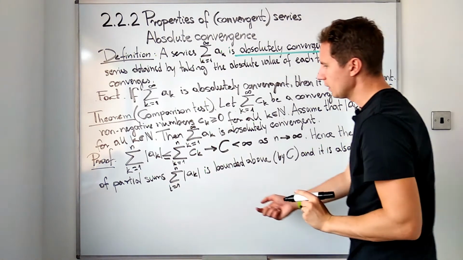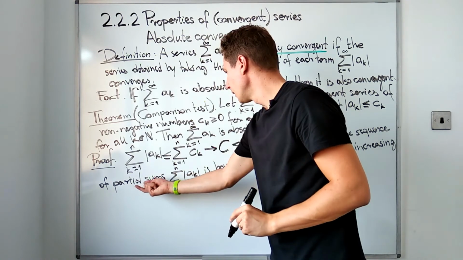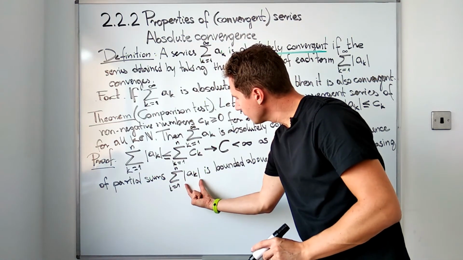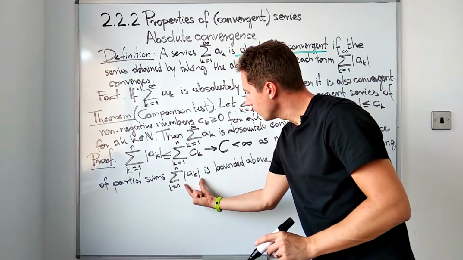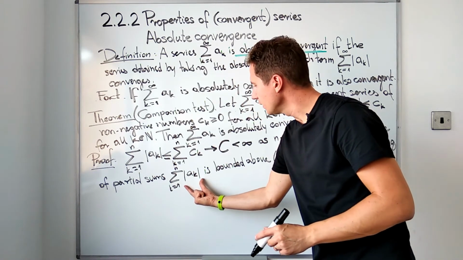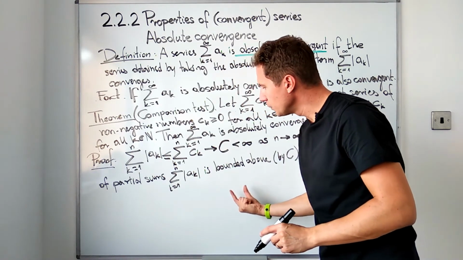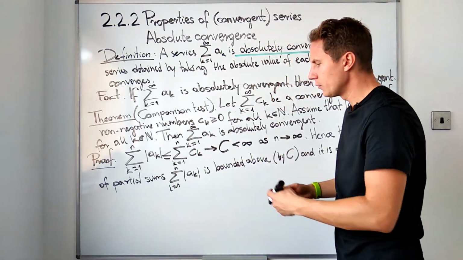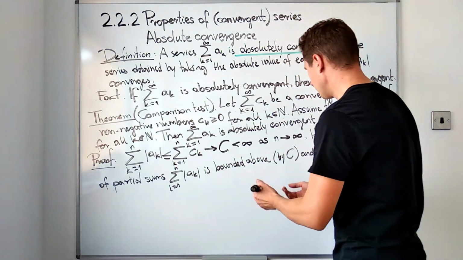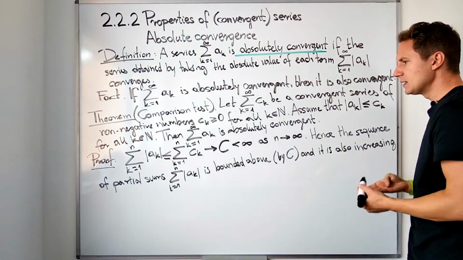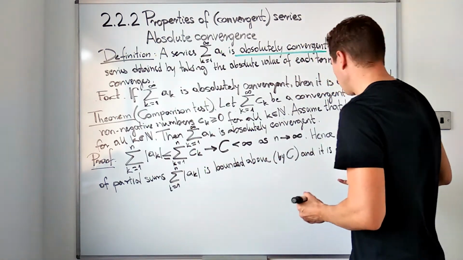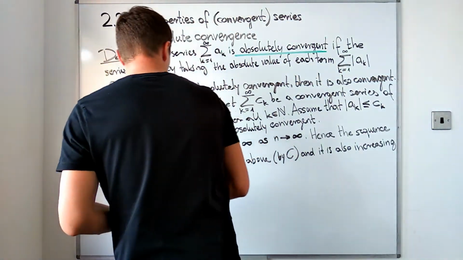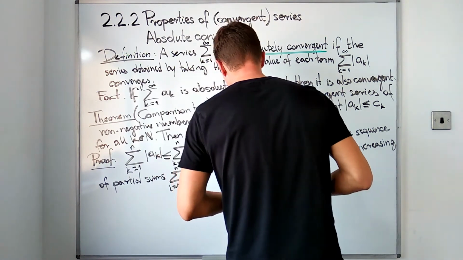Why? Because in each new term in the sequence of partial sums, we are adding another number that is non-negative, since we are adding the absolute values of terms in our original series. Taking absolute values means we are adding non-negative numbers, increasing the sequence each time. So it is both bounded above and increasing.